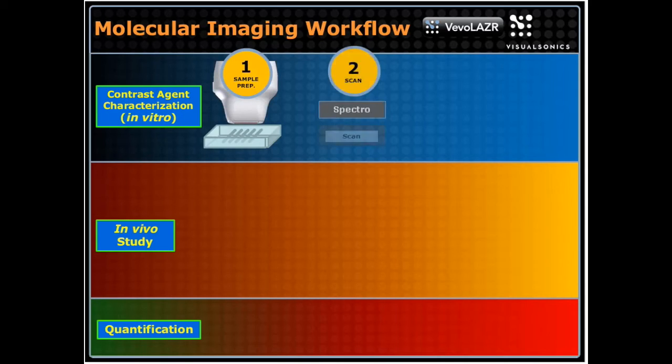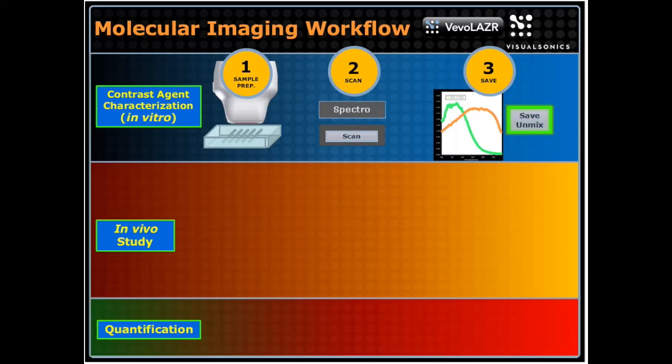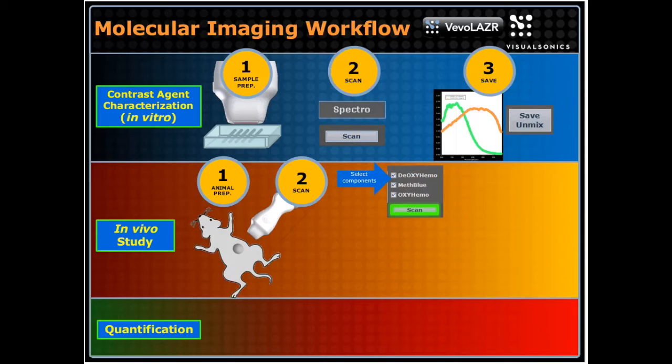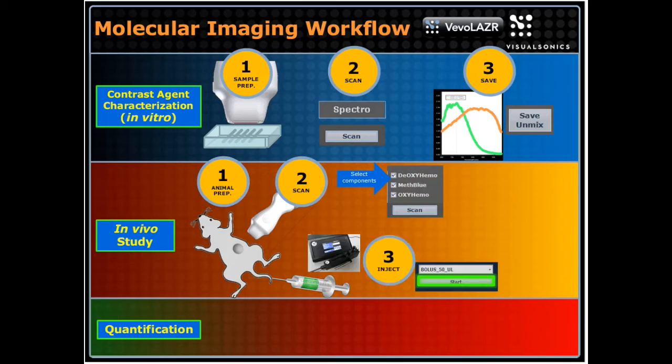We have a sample that we can put into a phantom. We then basically through one click characterize what the sample looks like, basically what the absorption spectrum looks like of that sample. Then when we go in vivo, we prepare the animal, we select the components we want to scan for, we want to look for, and then we can scan.